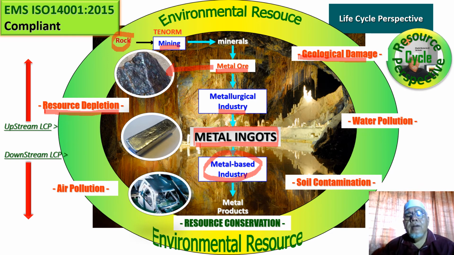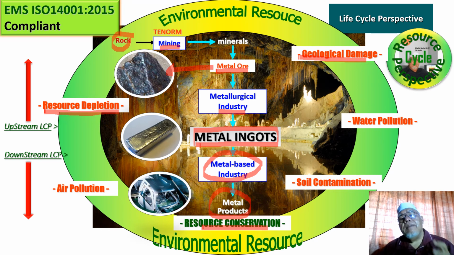Okay, and of course, from the metal-based industry, you get metal products. I stop the life cycle perspective over there. I draw a border there, and metal products get recycled. And there is a plus point: when we recycle metal, we do not pollute the environment by disposing into soil, except for residues, which can be recycled also.